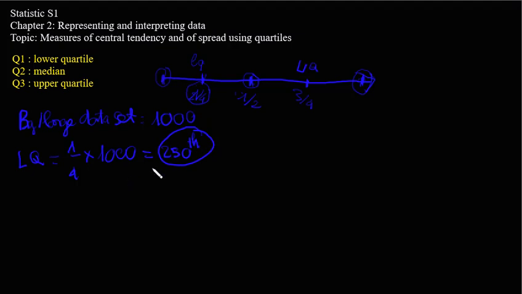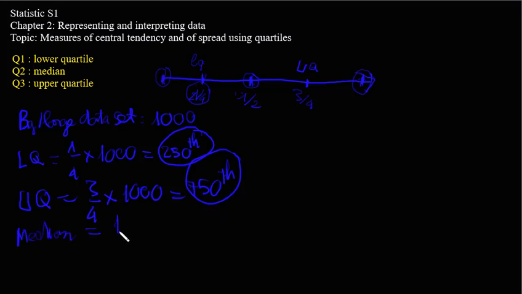It is its location, not the value. The upper quartile equals 3/4 multiplied by 1,000, which is 750. So this is its location. The value of the upper quartile is at the 750 location.